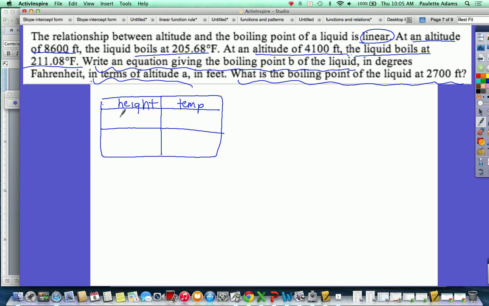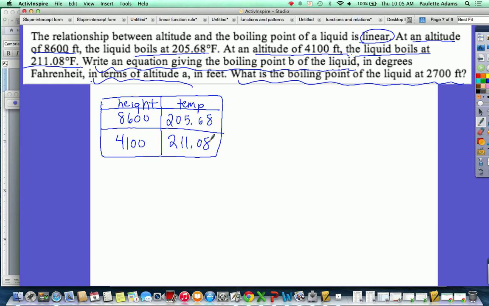So, the first height they give us is 8,600, and it boils at 205.68. The next one is 4,100, and it boils at 211.08.